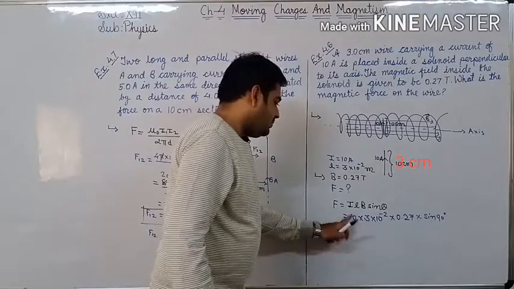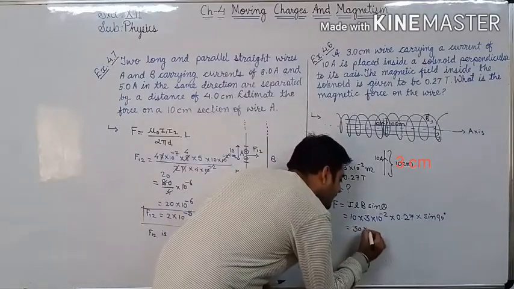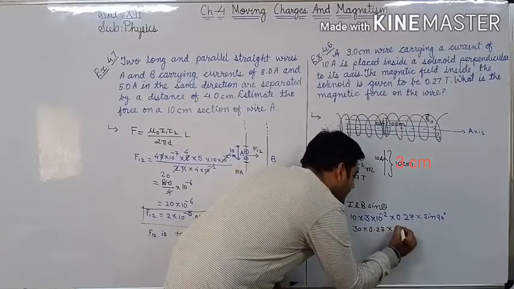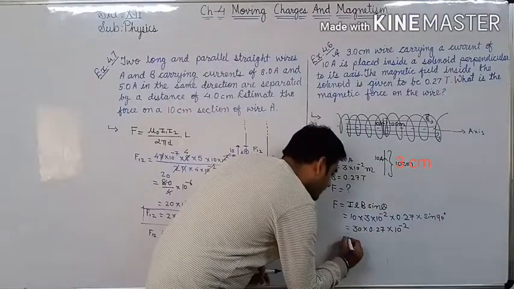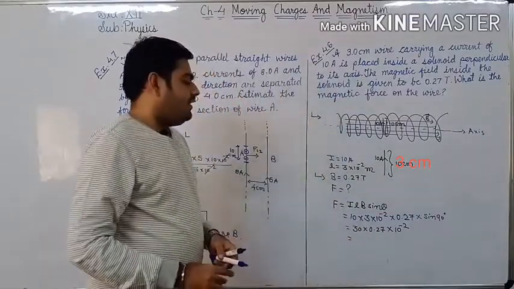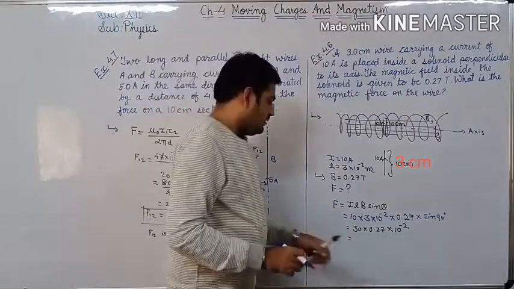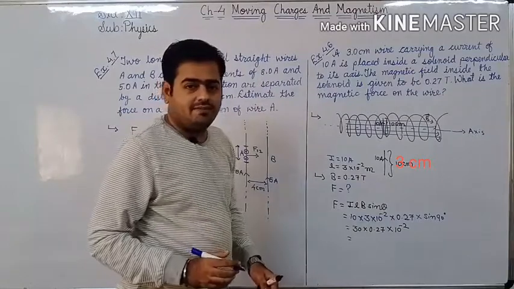Here 10 into 3, 30. 30 into 0.27 into 10 raised to minus 2 sin 90, that is 1. 27 into 3, that is nothing but 81.